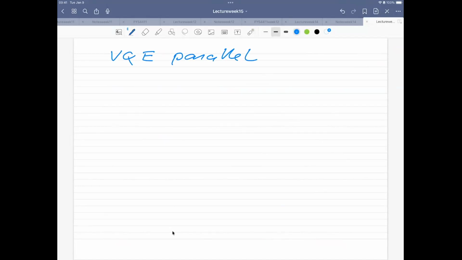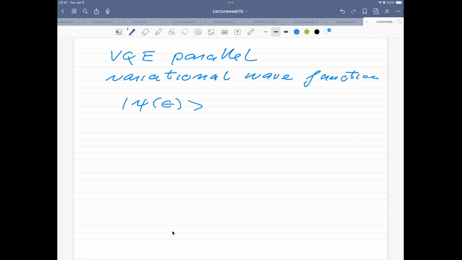So with the VQE, what we have is a variational ansatz for the wave function. And this variational wave function may not be the exact solution. It depends on the parameters theta.